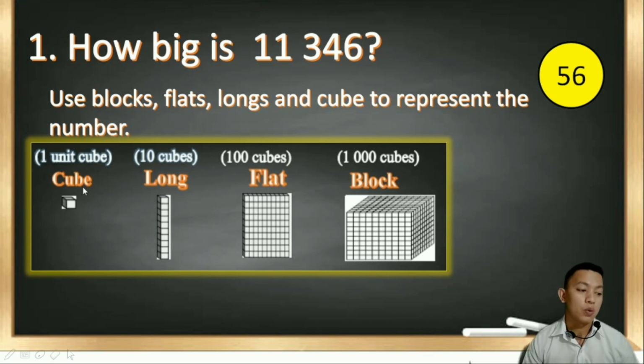So use cube, long, flat, and blocks. Always remember, cube has a unit value of 1. Long has a value of 10 cubes, and flat has a value of 100, and block has a value of 1,000. You have 30 seconds left.